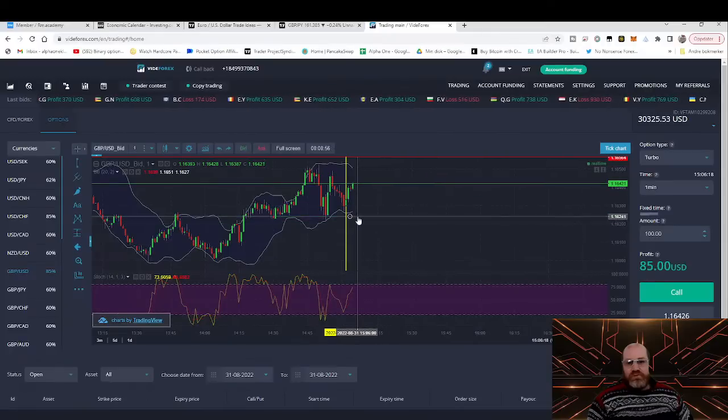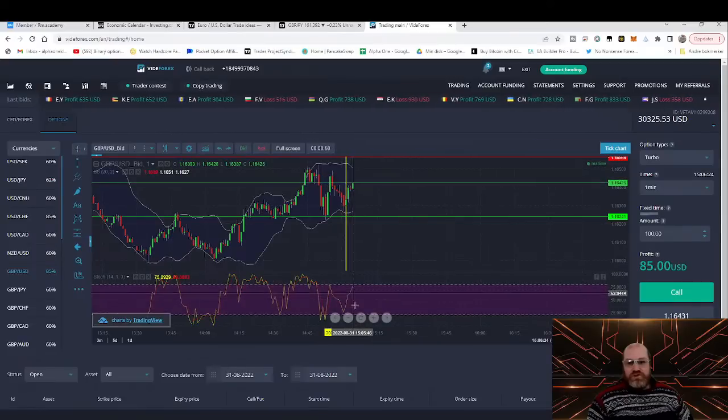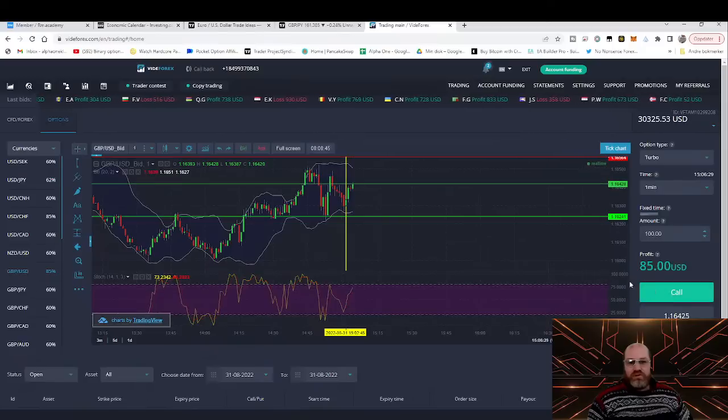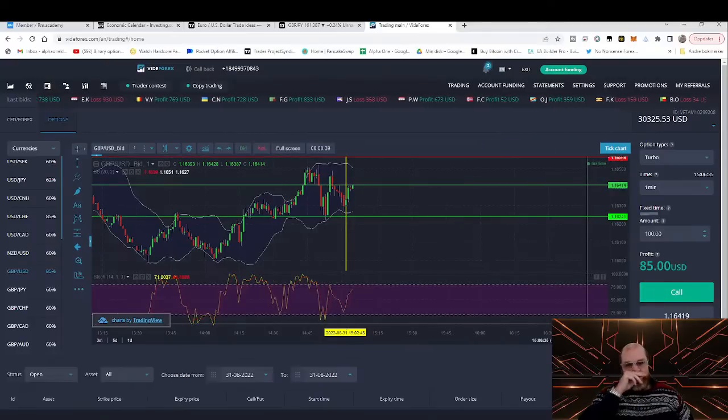The same at the bottom. If we have a space in between the lower Bollinger Band and the support, and the stochastic is in the dark area down here, we also have a call trade. For simplicity, I made this support green and this one red, marking basically call and put trades.